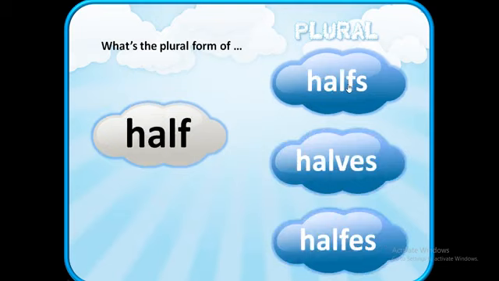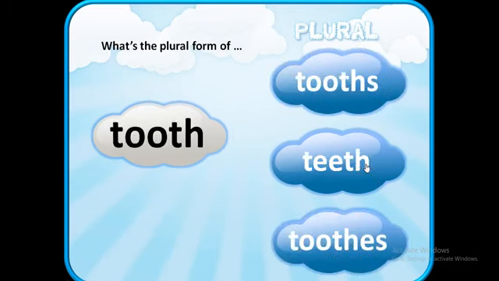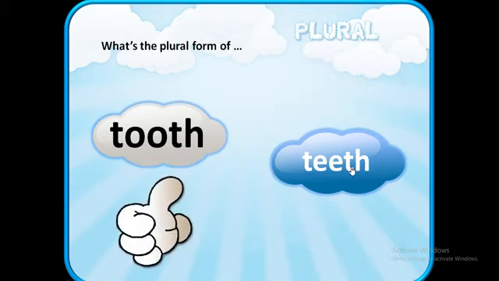Now, what is the plural form of half? This one ends with F, so I'm going to change the F to V, then add ES. Halves. Tooth is an irregular noun, its inside spelling changes. So this is teeth.